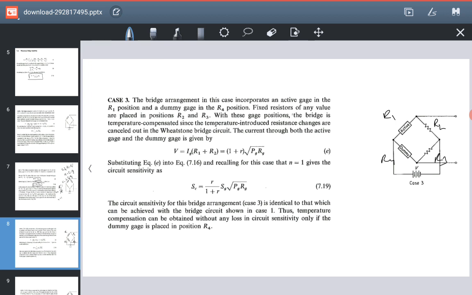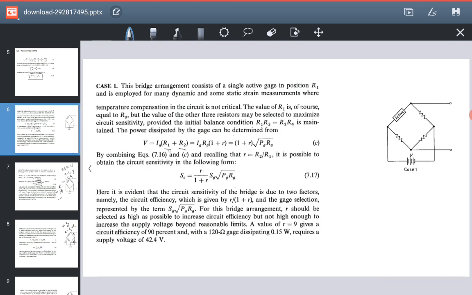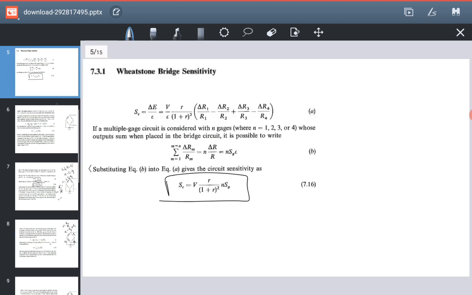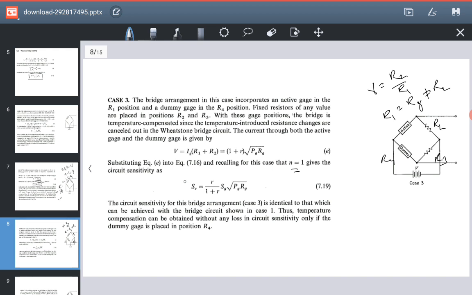In place of R4 we have the dummy, and R2 and R3 can be of any value, but R1 is equal to Rg. If R is not equal to 1, then R equals R2 upon R1. Similar to the case we saw earlier in case 1, where R1 was not equal to R2, so Ig Rg (1 plus R). Similarly we will do the same here: 1 plus R, square root of Pg Rg, n equals 1. Then if you put that in 7.16, you will get the same equation again.